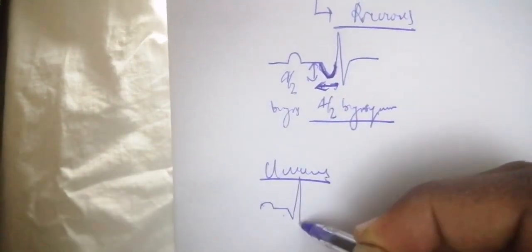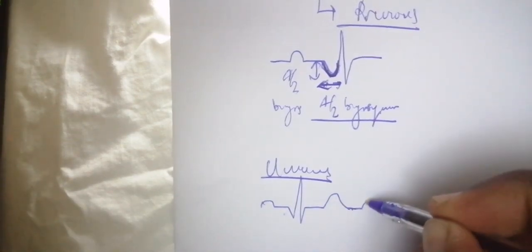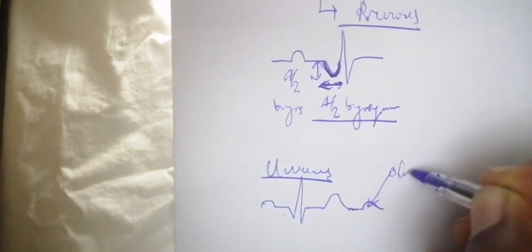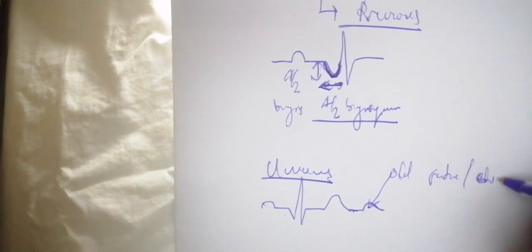Is it clear? Generally, when you have your P wave, your QRS complex, then you have your T wave. Some patients have U waves at the end. U waves may be found in old patients or in children at the extreme ages.